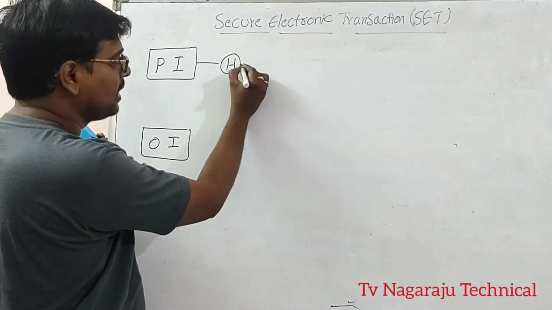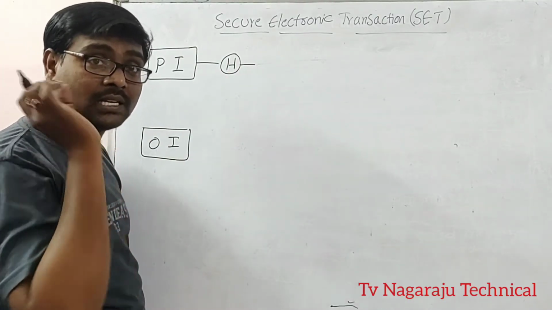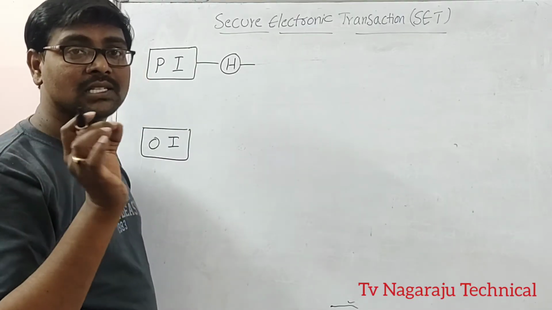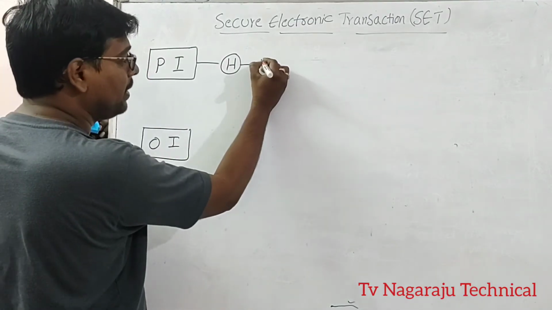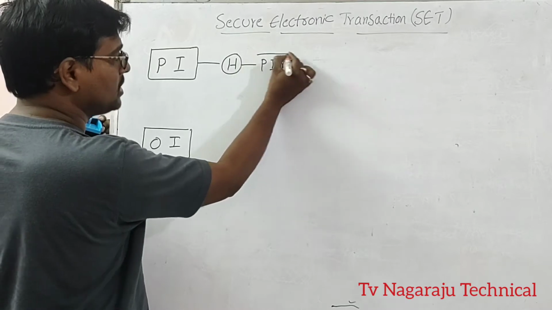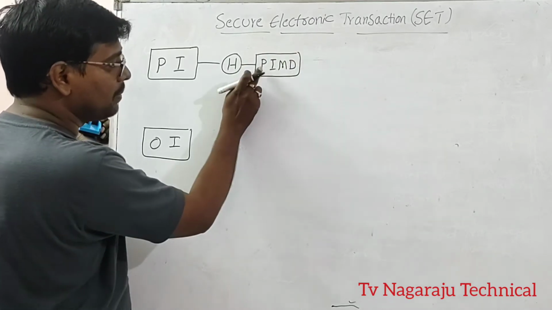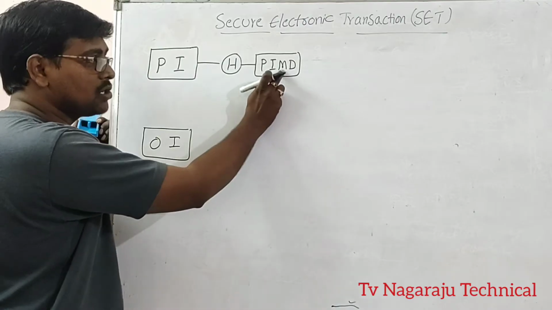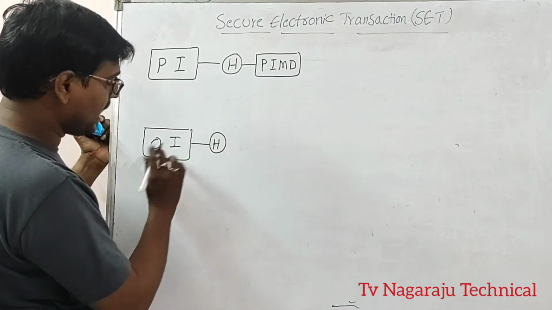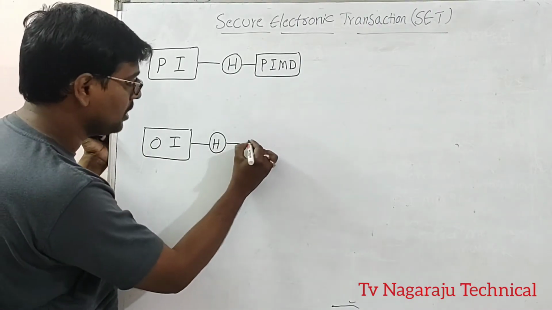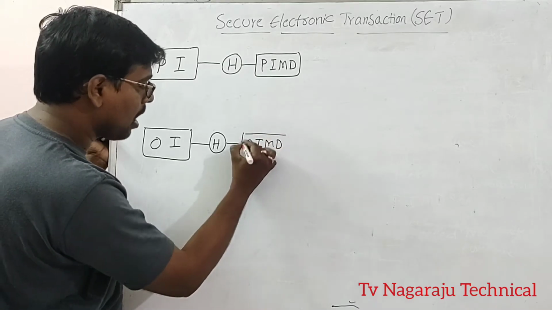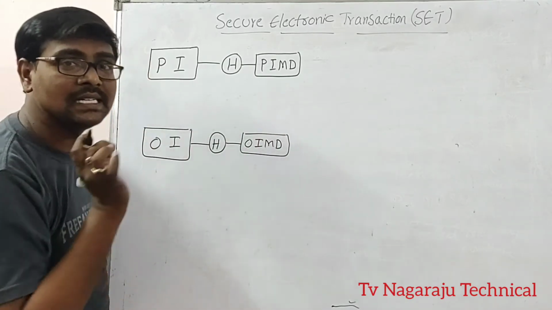Apply hashing. It generates some message digest. Yes or no? After applying hashing, it generates a message digest, that is PIMD. PIMD means payment information message digest. In a similar fashion, apply hashing on the order information, and it generates OIMD, order information message digest.